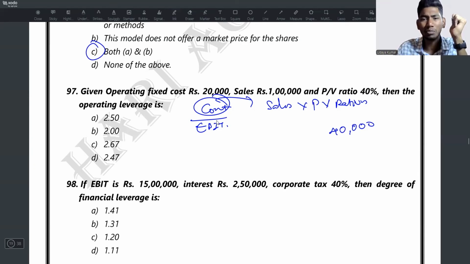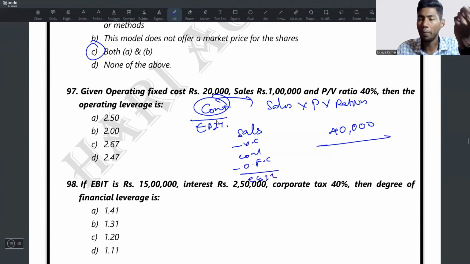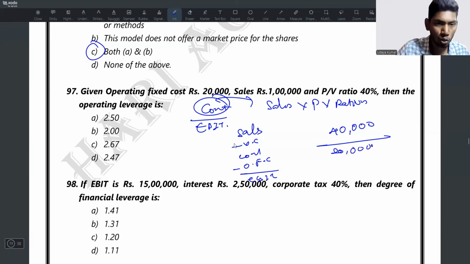As you know from the income statement, sales minus variable cost gives contribution, and contribution minus operating fixed cost is equal to EBIT. So you'll be getting 40,000 minus operating fixed cost 20,000, which is 20,000. So the answer is 2.